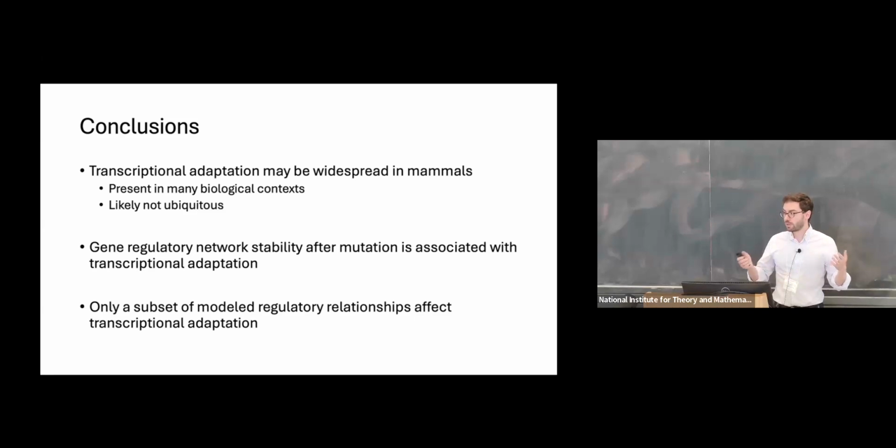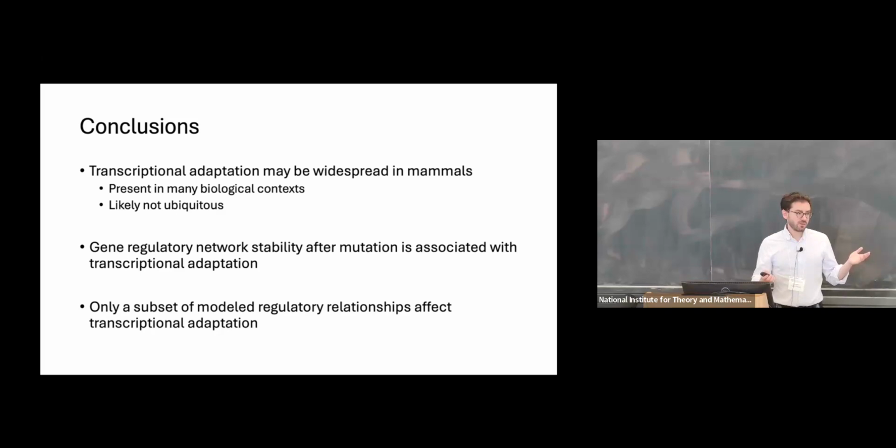Because we harvested RNA-seq data sets, and I didn't discuss it, we did a single cell RNA-seq data set analysis as well to show that we could get transcriptional adaptation observations at the level of single cell RNA-seq data across many biological contexts: cancer in vitro models, models of development, physiology of many different tissues and disease states. And in many different cases, we observed some evidence of genetic compensation. However, this is likely not ubiquitous.